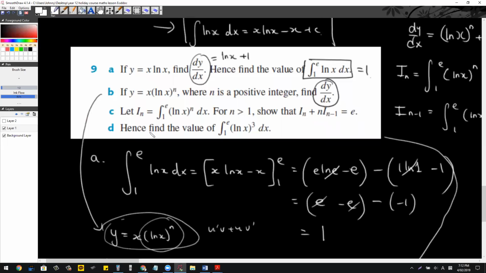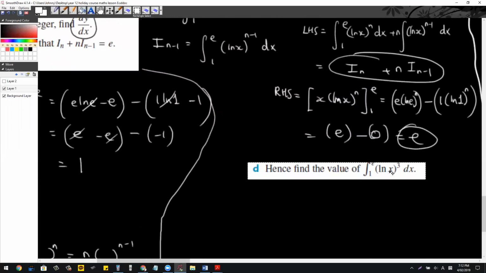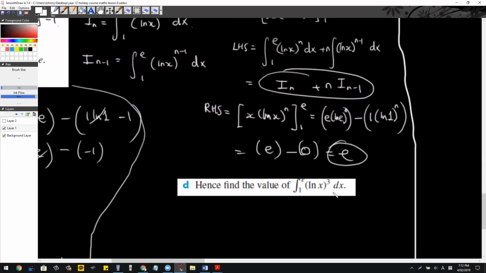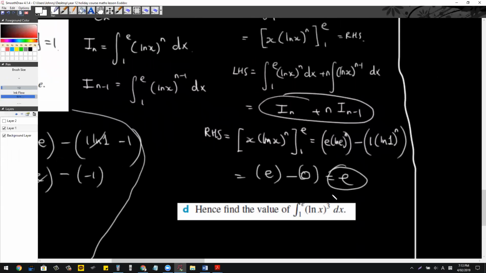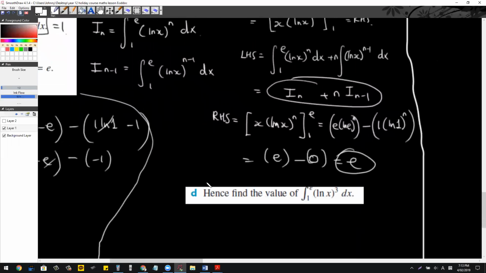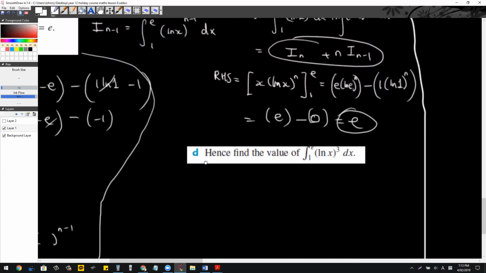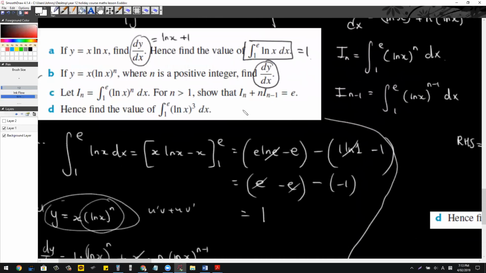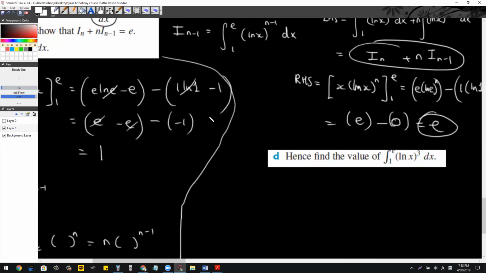So leave this one as homework, hence find this. That's pretty simple. Let's actually just do this now. So we established this rule here. So I3 plus 3I2 is e.